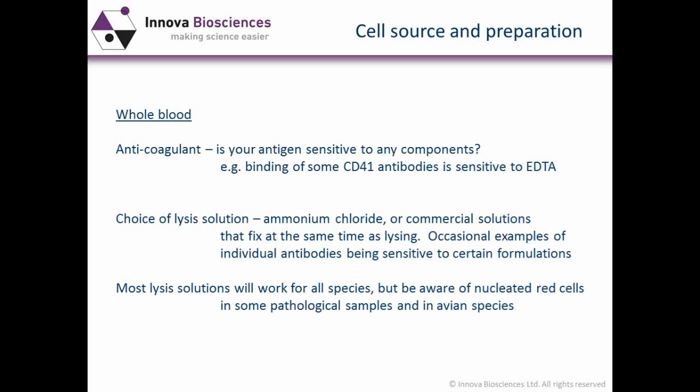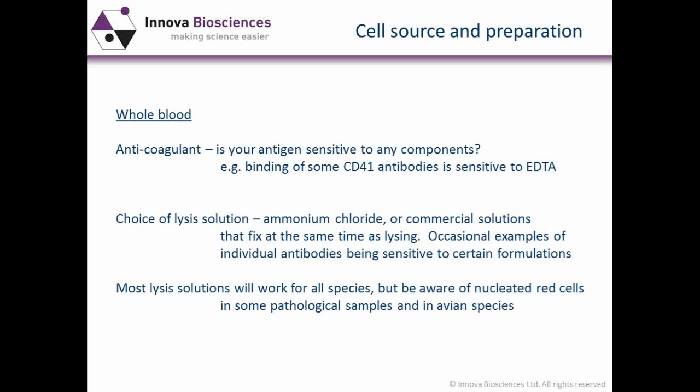You also have a choice of the lysis solution, the solution that you're going to use to remove the red blood cells after staining. Perhaps the original one was ammonium chloride, which is still quite commonly used, but there are now many commercial solutions that actually fix the cells at the same time as lysing the red blood cells.